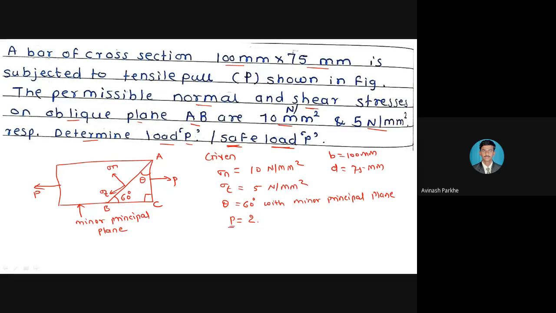So if I have to calculate this theta angle by using the 90 degree and 60 degree angles, theta with the vertical plane, what will be the theta value? Yes, 30 degree. 90 minus 60 is equal to 30 degree.